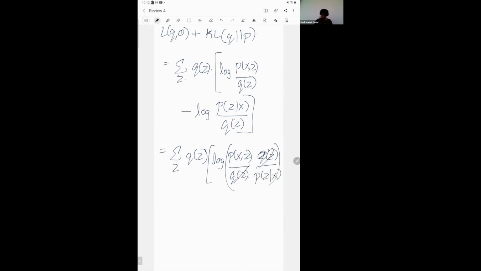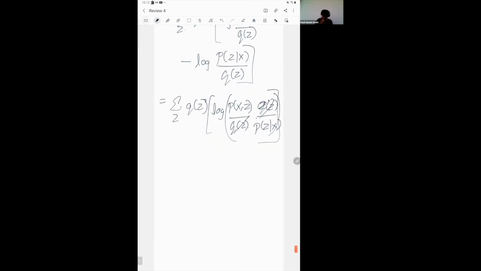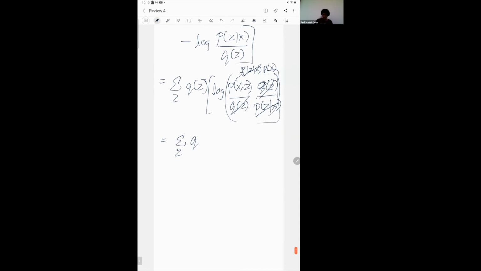This and this get cancelled. You can also write this as probability of z given x times probability of x. The probability of z given x also cancels, and then you are just left with probability of x.